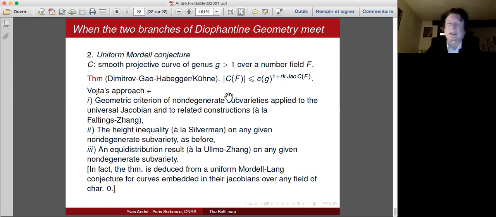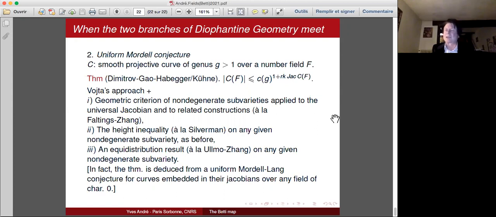This is a group of finite rank. So the approach here is Vojta's approach, but with 3 ingredients. The first one is the geometric criterion of non-degenerate subvarieties applied to the universal Jacobian.